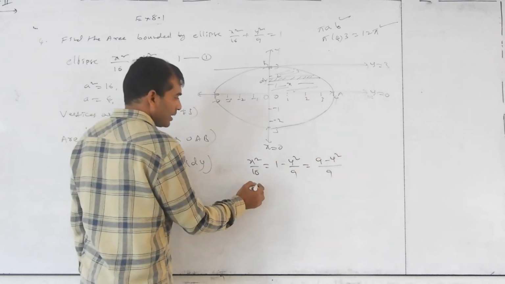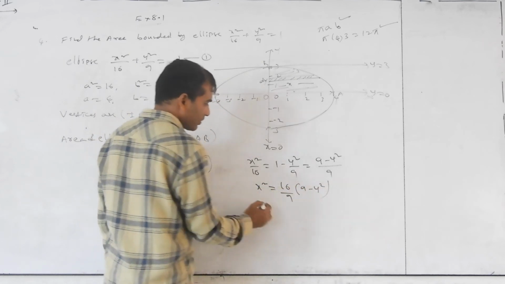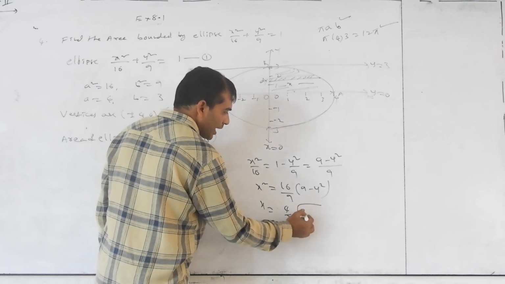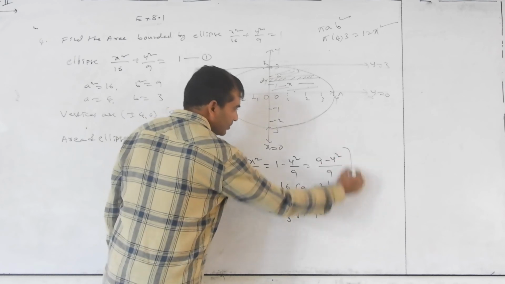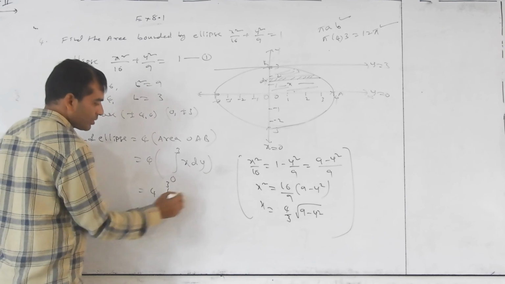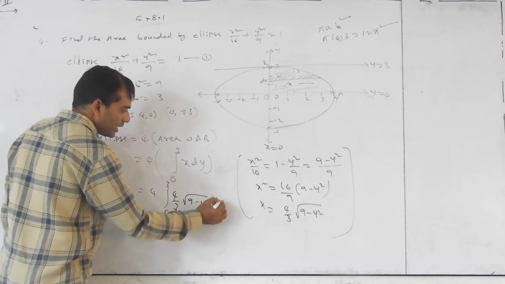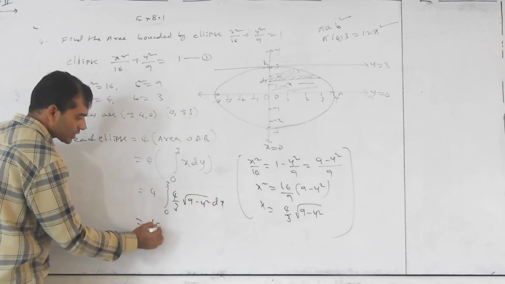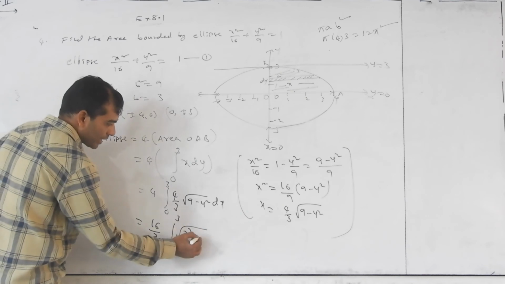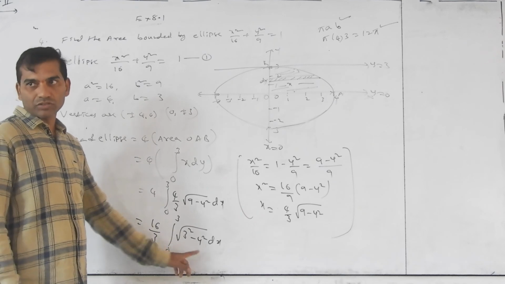So x square equal to 16 by 9 into 9 minus y square. x is equal to 4 by 3 root of 9 minus y square. Substitute here: 4 by 3 root of 9 minus y square dy. 4 into 4, 16 by 3, integral from 0 to 3 of root of 3 square minus y square dy, which is in the form of a square minus x square.